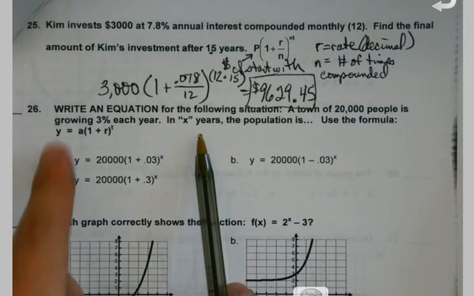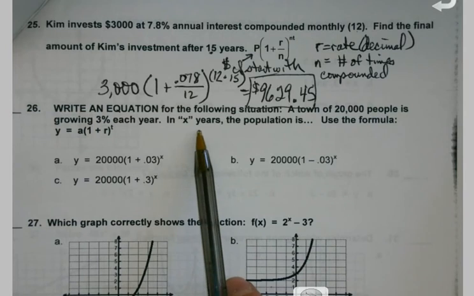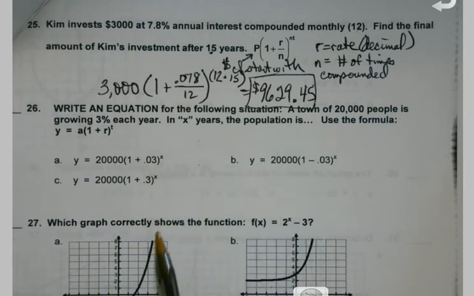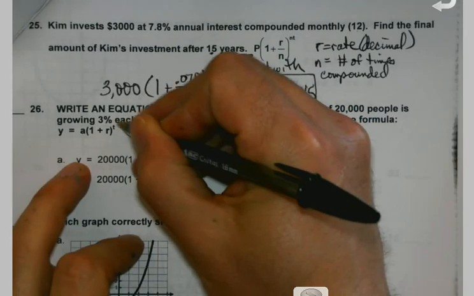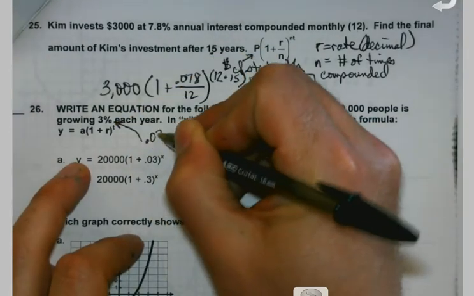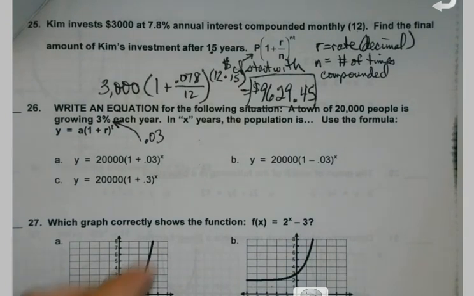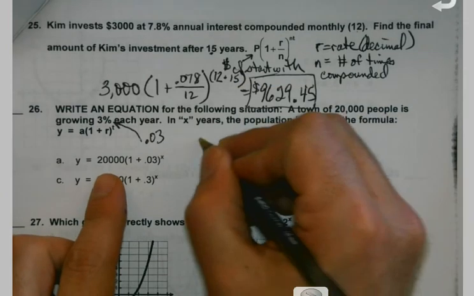For 26, write an equation for the following situation. A town of 20,000 people is growing 3% each year. Now again, remind yourself, whenever you see percentages, those are written in decimal form, or you can divide by 100. In X years, the population is... Okay. So I got a town of 20,000 people.